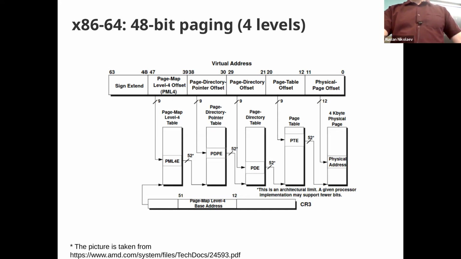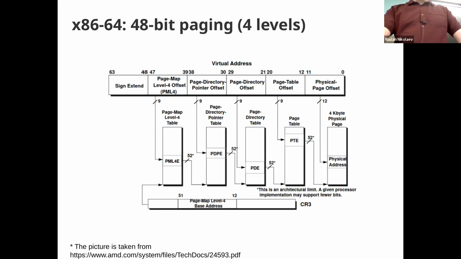I just want to reiterate this one more time, because project 2 is coming up. Now we have a real page table, a real architecture. In this particular architecture, we have 12 bits for the page offset. That means each page is 4 kilobytes, since 2 to the power of 12 is 4 kilobytes.